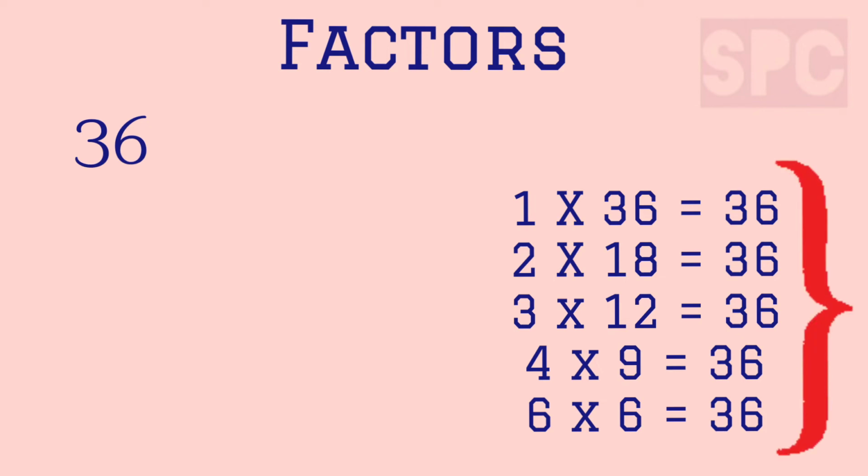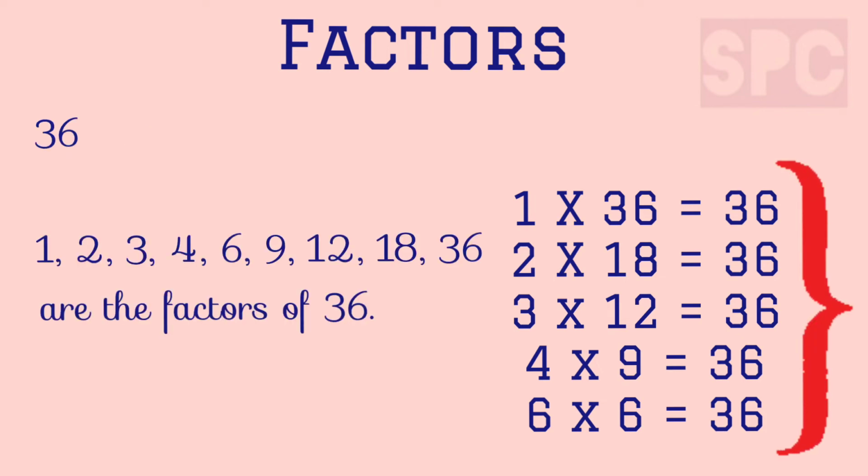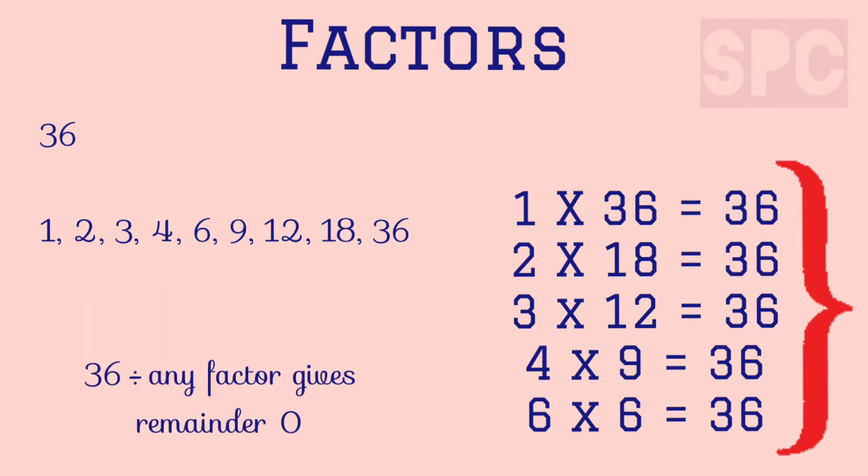So you can say that 1, 2, 3, 4, 6, 9, 12, 18 and 36 are all factors of 36, which are written in ascending order. When you divide 36 by any of these factors, you will get the remainder 0.